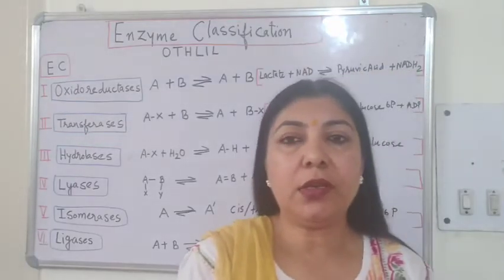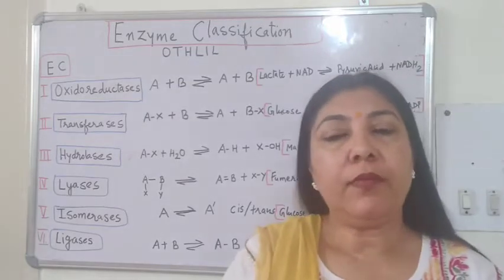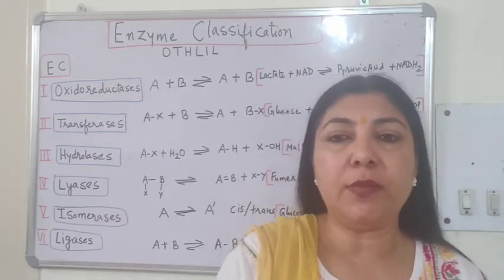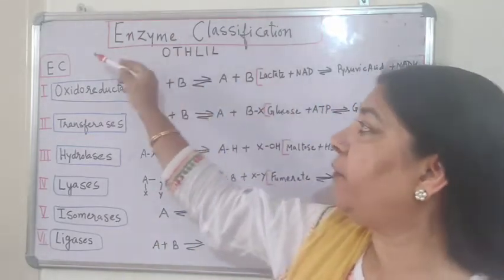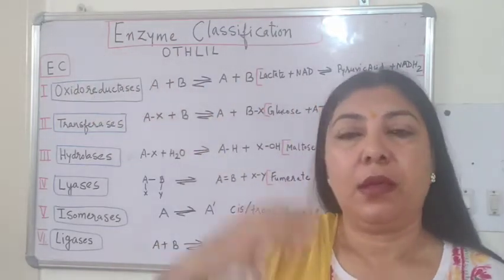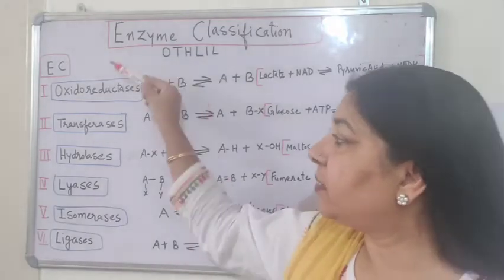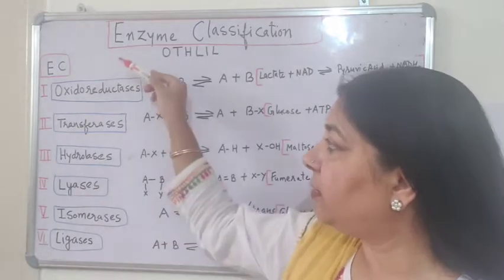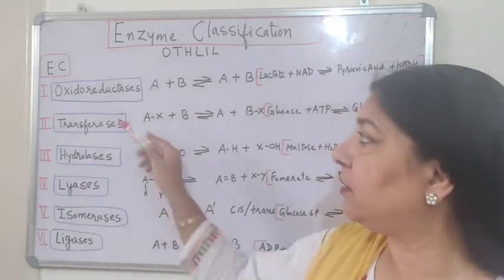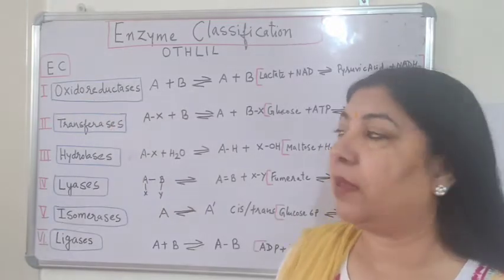Now let's switch over to the classification of enzymes. As per International Union for Biochemistry and Molecular Biology, the enzymes are classified into 6 classes, and these 6 classes are in this order. First class is called oxidoreductases.